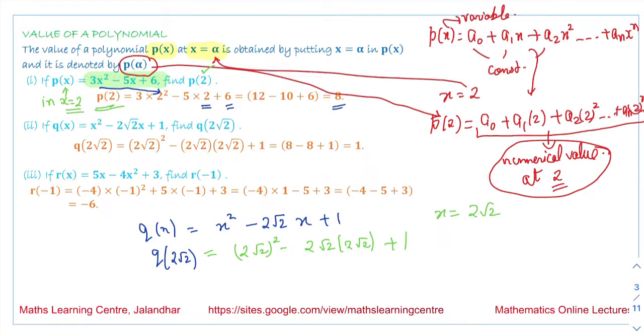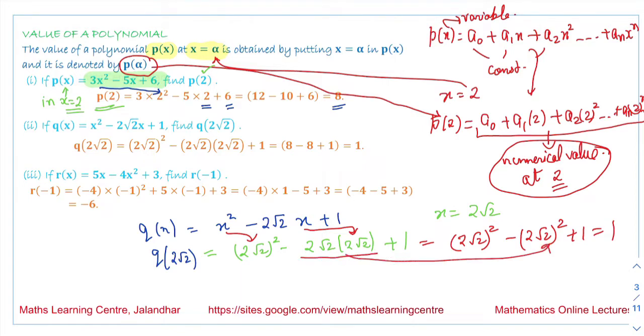We have just substituted 2√2 in place of x. So we get (2√2)² - (2√2)² + 1, which is equal to 1, because these two terms get cancelled out. So the value of this polynomial at this point is 1.